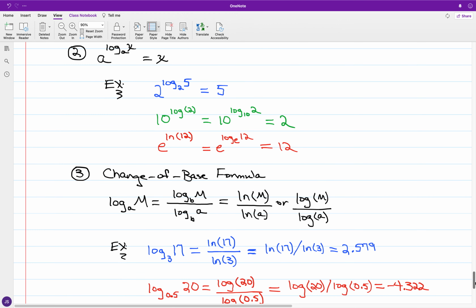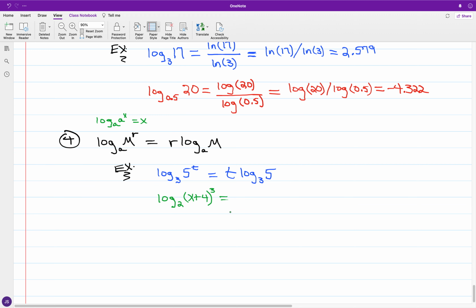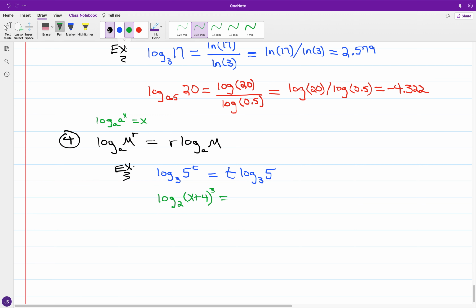Rewriting the exponent 3 as a numerical coefficient, we have 3 times the base 2 logarithm of the quantity x plus 4.